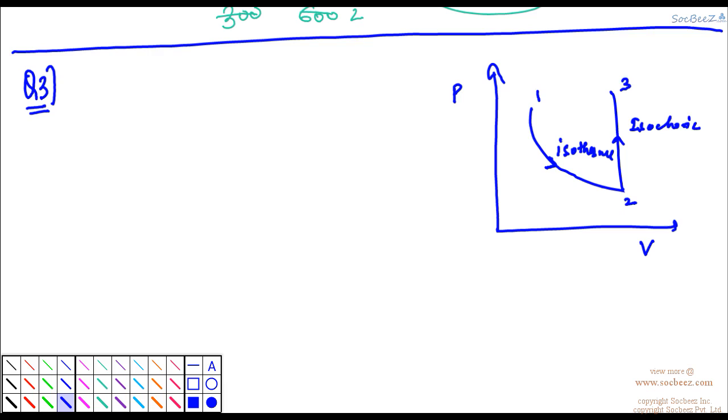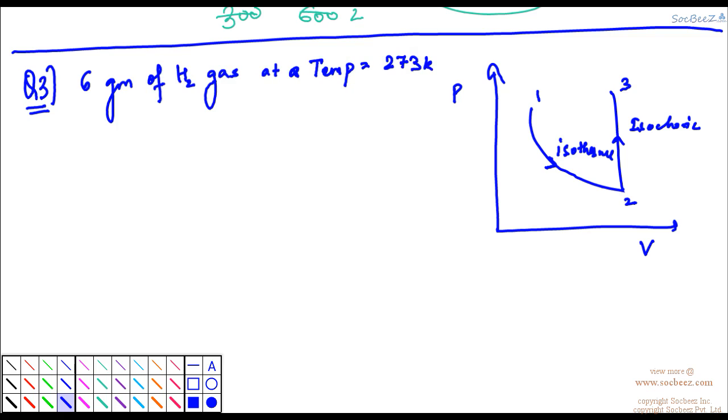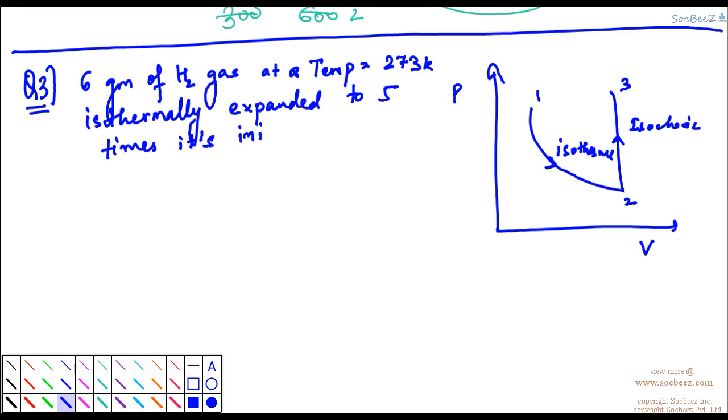Right? So basically you have 6 gram of hydrogen gas at a temperature of 273 Kelvin, and it is isothermally expanded to 5 times its initial volume.